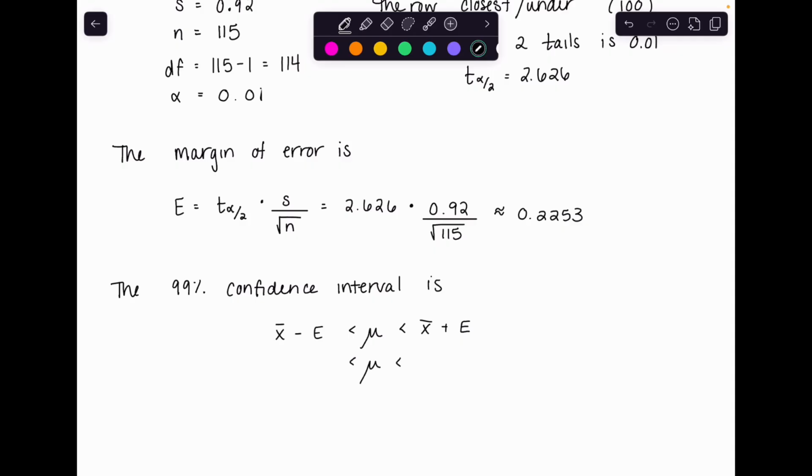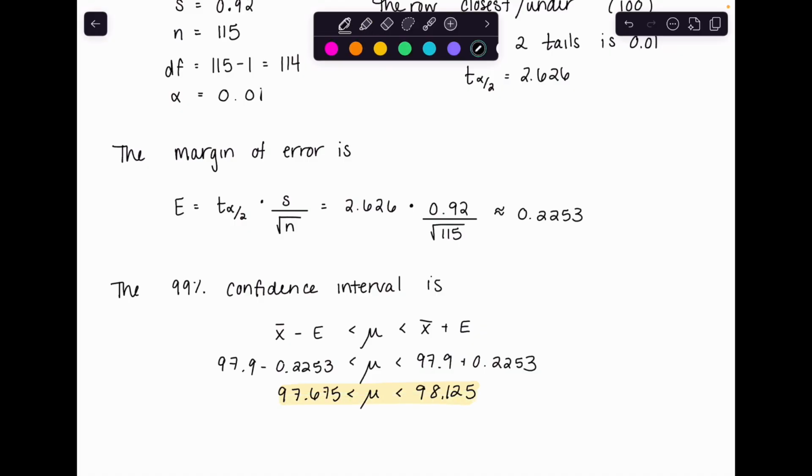So our true value of mu is less than 97.9 plus 0.2253, and greater than 97.9 minus 0.2253. So rounding, our 99% confidence interval for our true population mean is between 97.675 and 98.125. So this is our confidence interval.